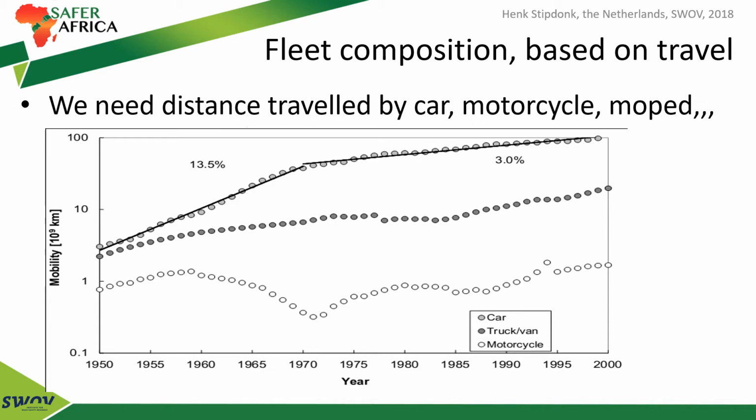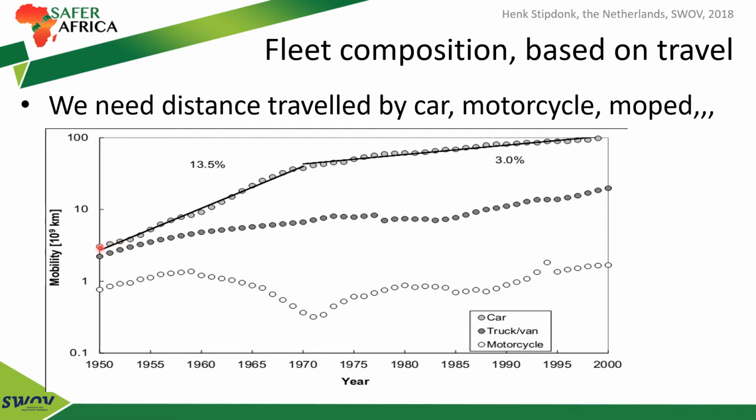Here we see the Dutch data on distance traveled by car and by motorcycle and by truck and van, just as an illustration of how these data of this SPI could look like. So these data in the Netherlands are available since 1950, and here we see a graph showing the data between 1950 and 2000.